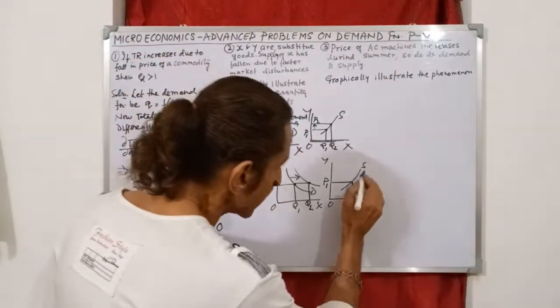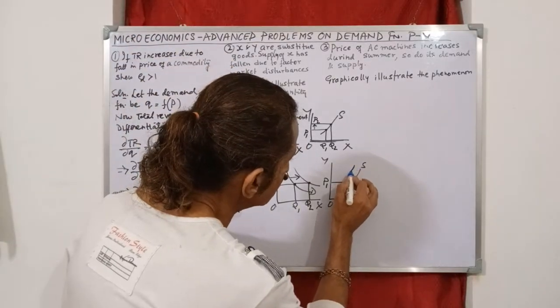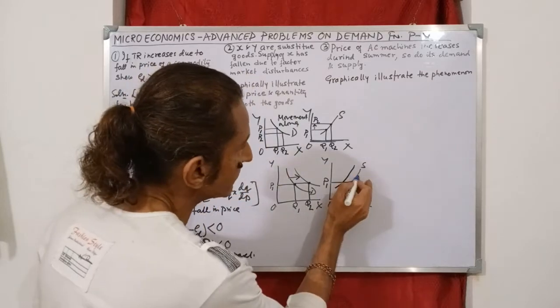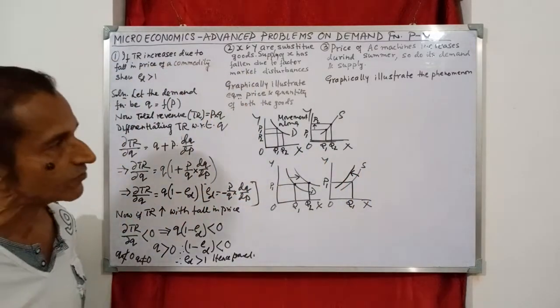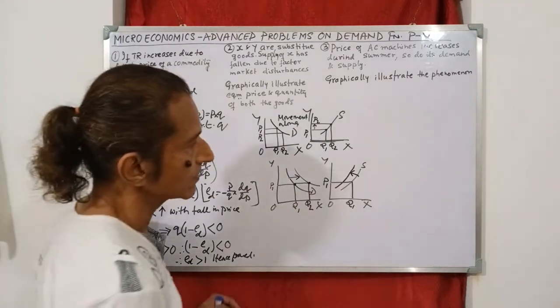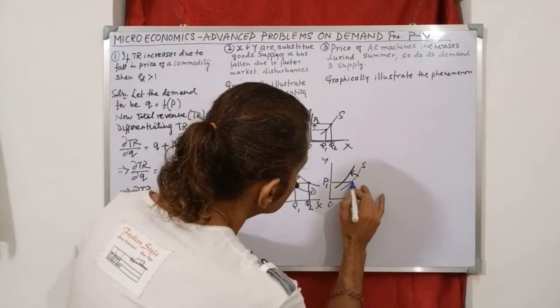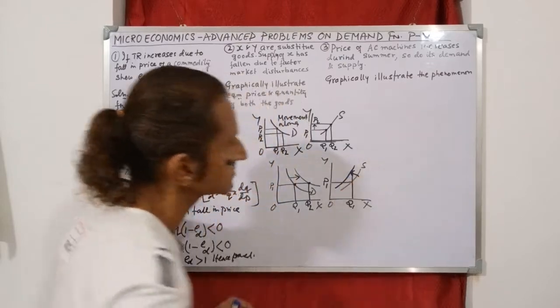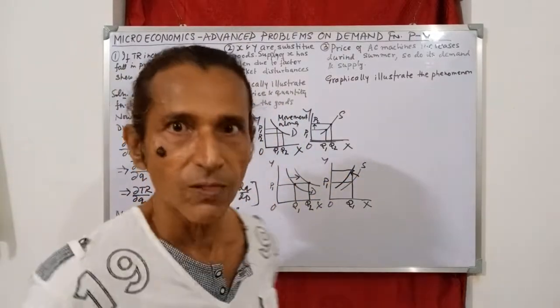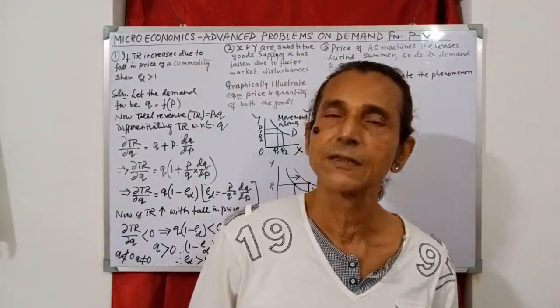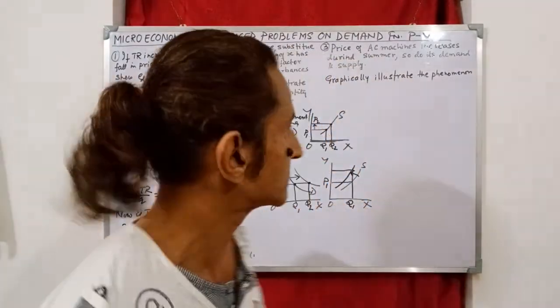In that case, the supply curve will shift towards left. As a result, price will increase. We know when supply falls, the price of the commodity increases.